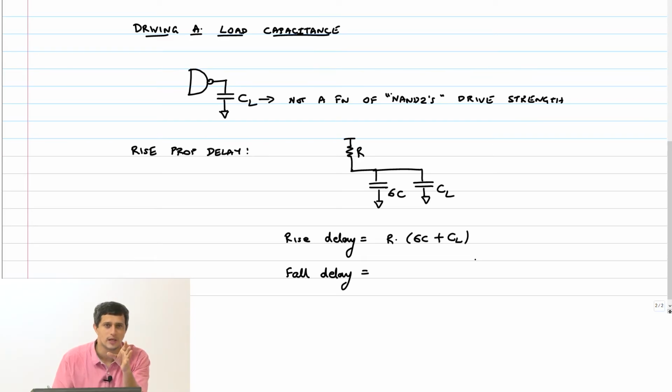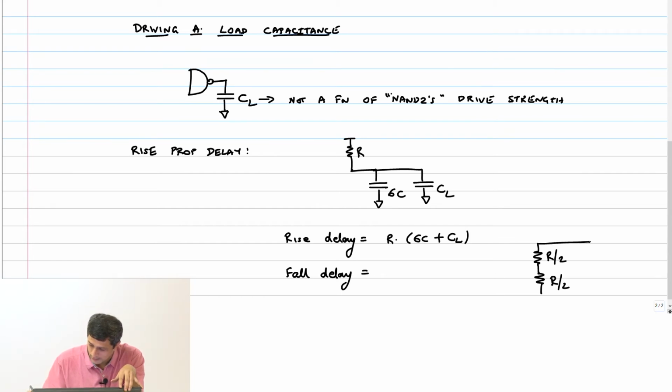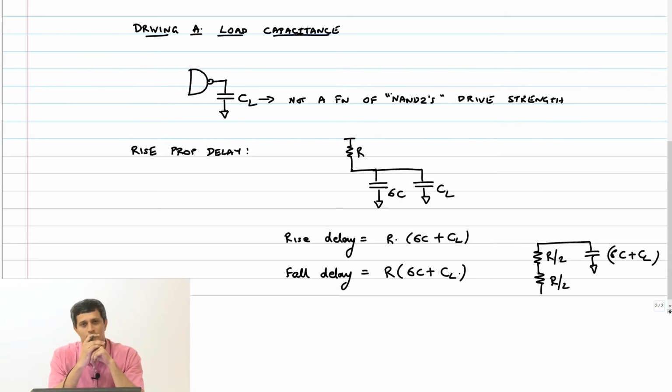Let's not worry about the intermediate capacitance for now. Okay, so I am going to just consider this case for the fall. R by 2, and a net capacitance of 6C plus CL. So this will be R into 6C plus CL.